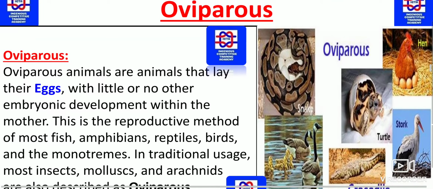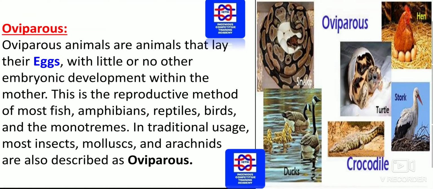And we should know what exactly oviparous animals are. Ovi means eggs. Oviparous animals are animals that lay their eggs with little or no other embryonic development within the mother. This is the reproductive method of most fish, amphibians, reptiles, birds, and the monotremes.